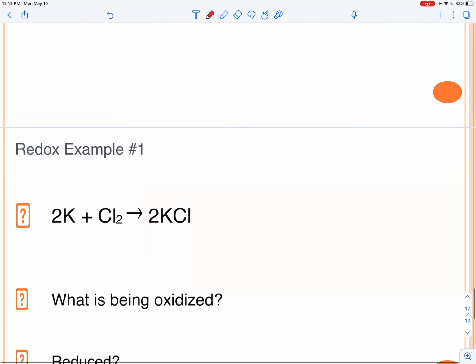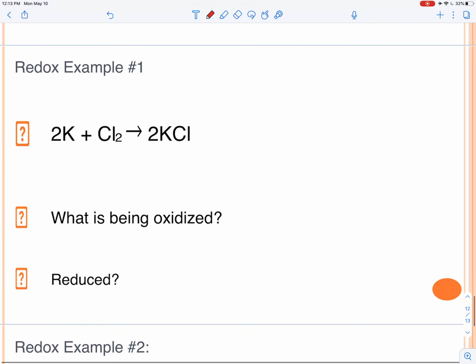So again, let's look at example 1, and we'll do this one together. So we want to write the oxidation number for each atom in this equation. So remember that any pure element, the oxidation number is simply 0. Next I have potassium in KCl. I know that any alkali metal has an oxidation number of +1. If potassium is +1, that means this chlorine has to be -1.